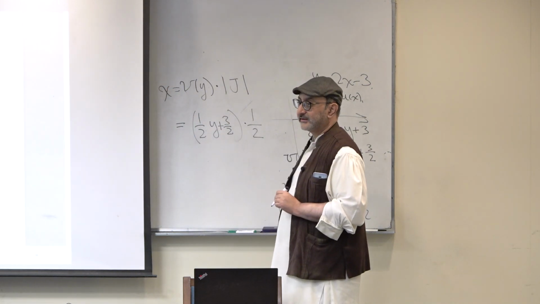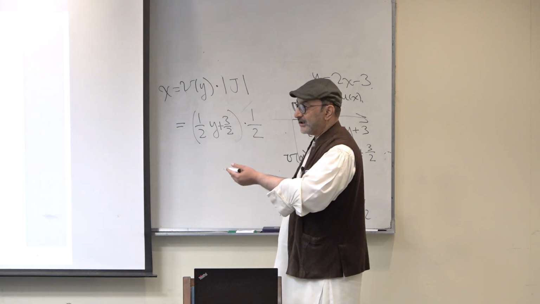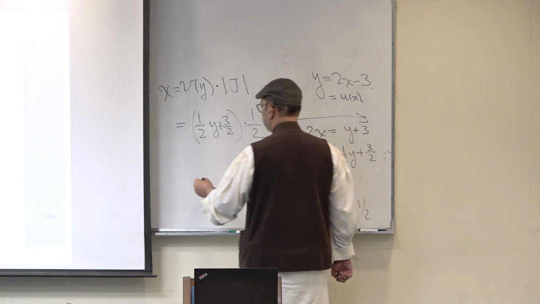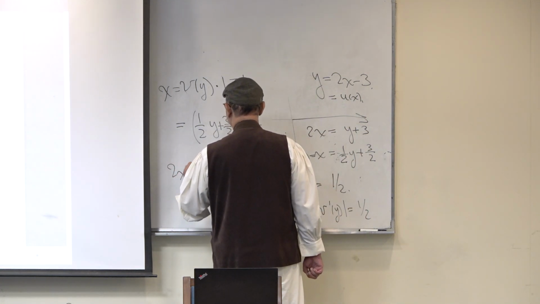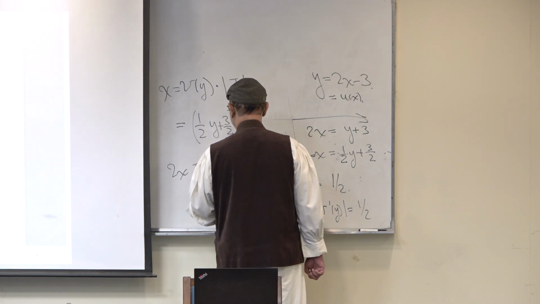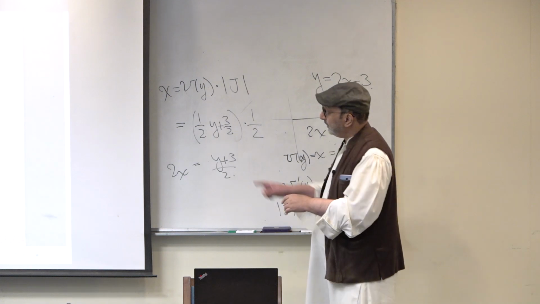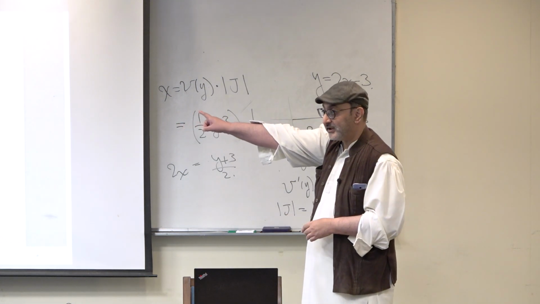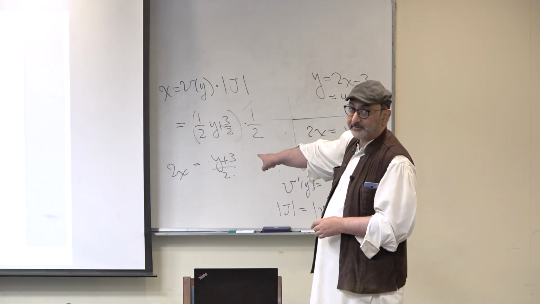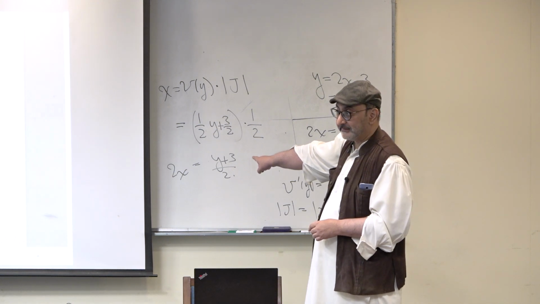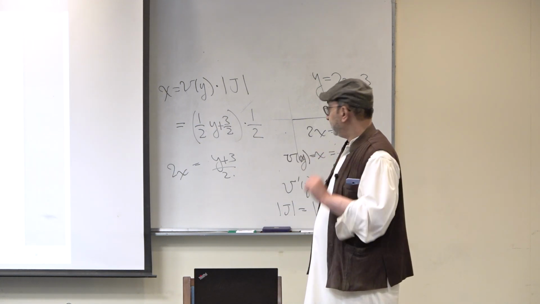That's my x. So what's 2x? 2x is y plus 3 over 2. So we want to replace that 2x by y plus 3 over 2. Is that okay?